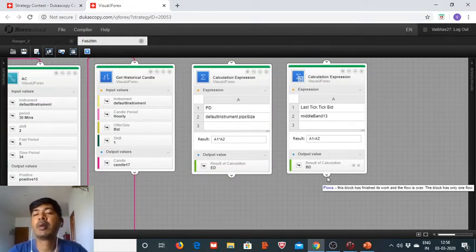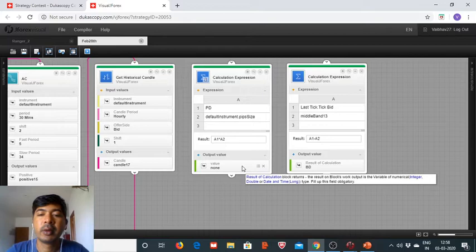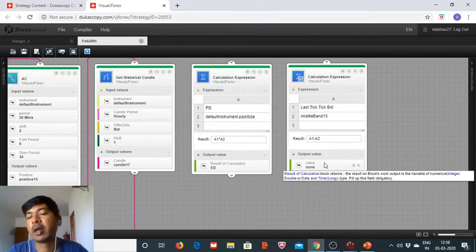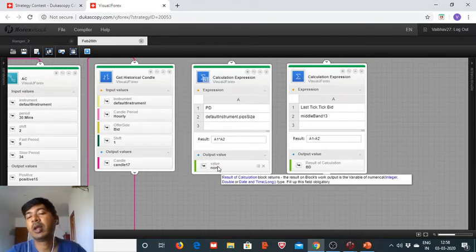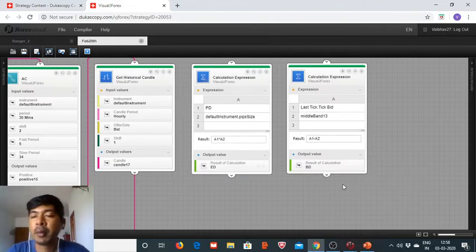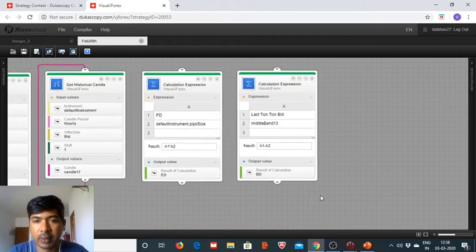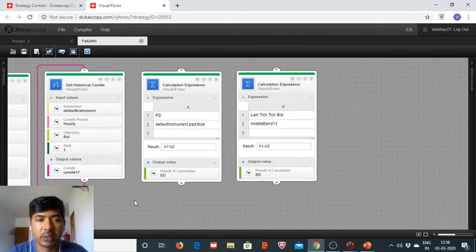So we will compare this BD with ED. Suppose buy difference is greater than execution difference, then we will be placing a pending order, and for that we will need to do further calculations as well.